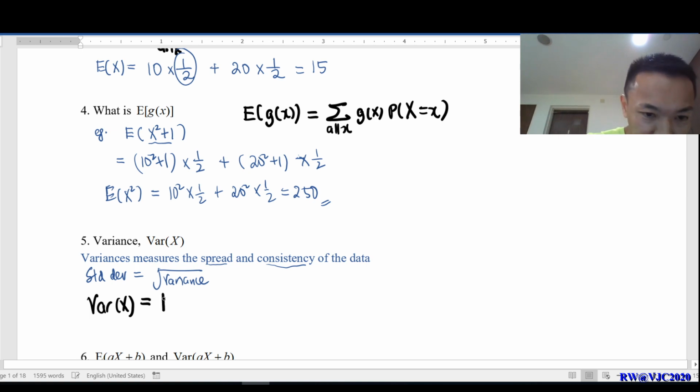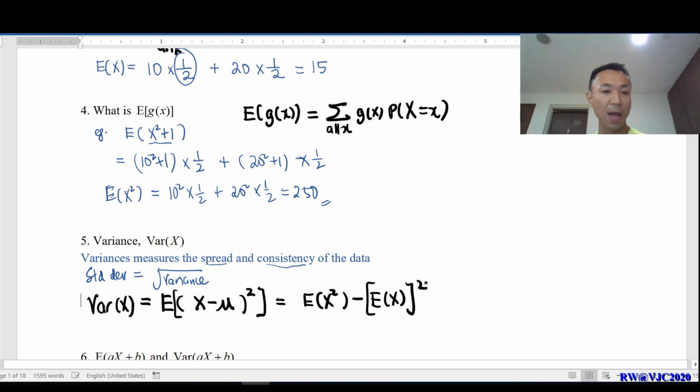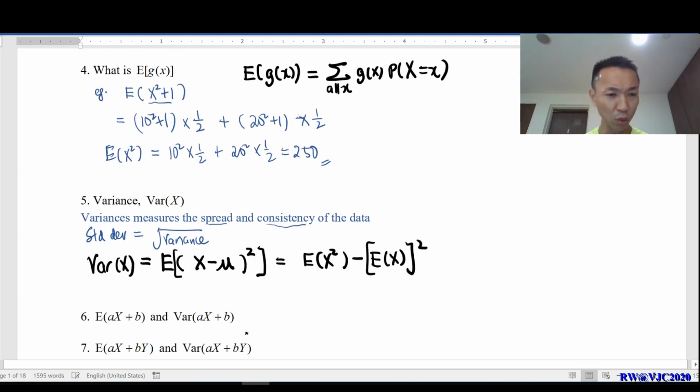Variance can be the expected value of (x minus mu) squared, or you can write it as the expected value of x squared minus mu squared. Now the relationship between these two, I am not going into it for now. Okay, the proof is in your notes.